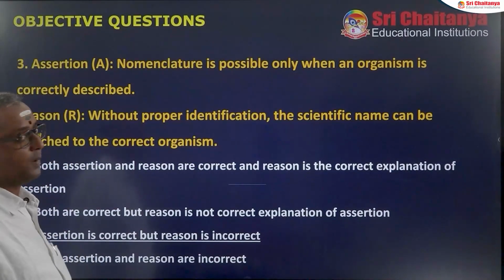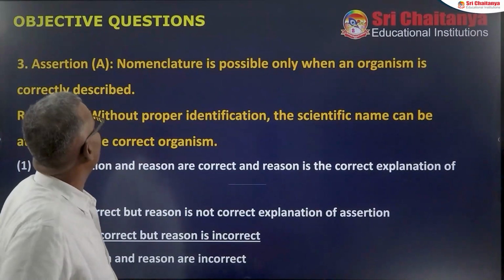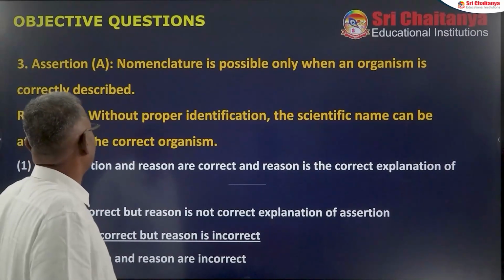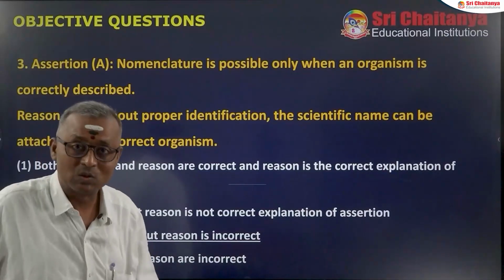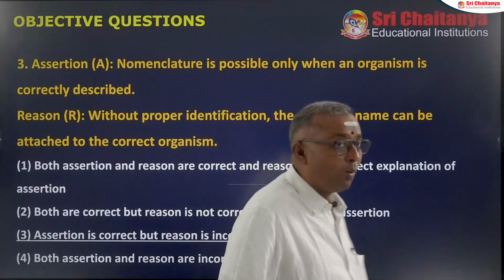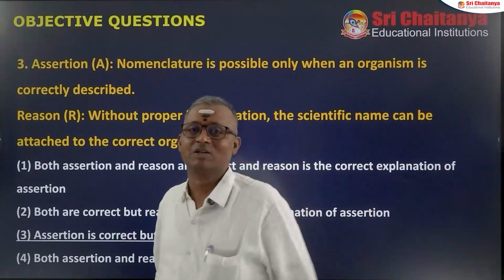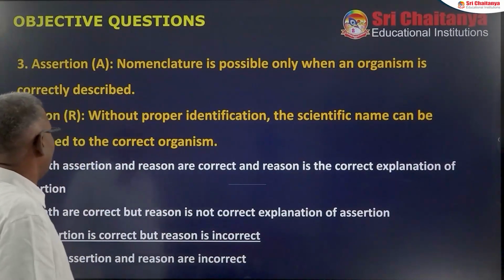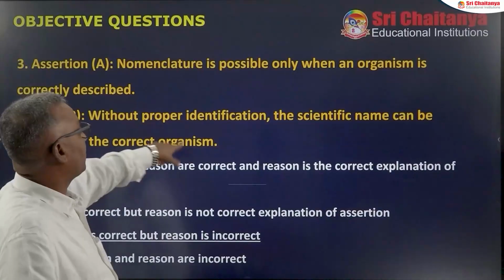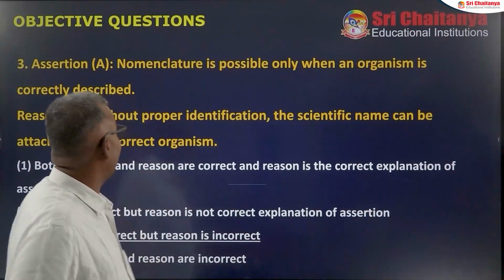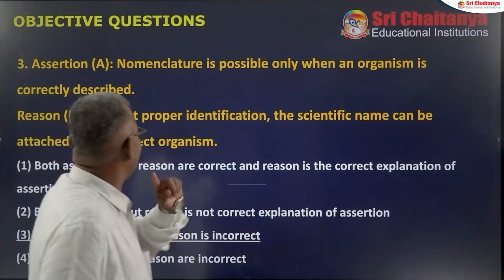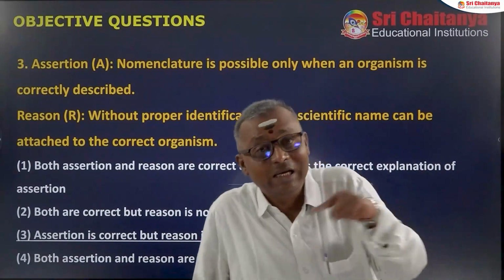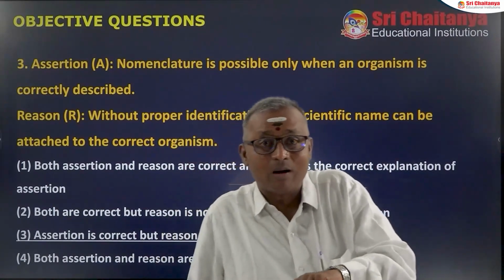And the third important assertion and reason: nomenclature is possible only when an organism is correctly described. It is true. Nomenclature is done only after the identification process is completed. Now, let us look into the reason: without proper identification, the scientific name can be attached to the correct organism. Is nomenclature done after identification, or is identification carried out after nomenclature?